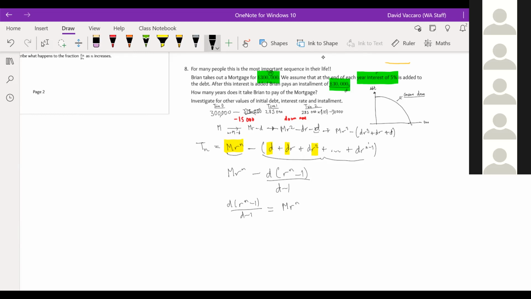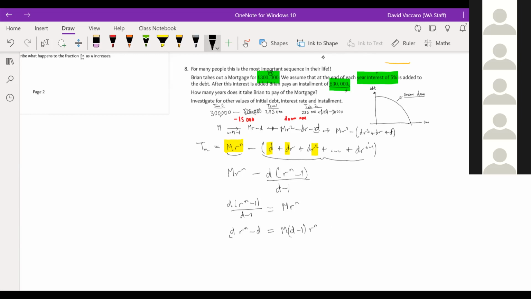And now we want to find n, so let's expand the brackets on the left, and multiply both sides by R - 1, so we get M(R - 1)R^n.